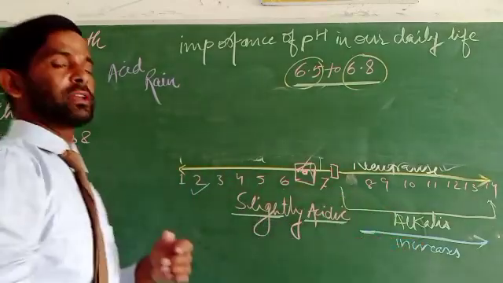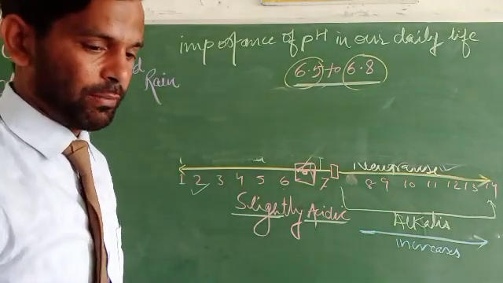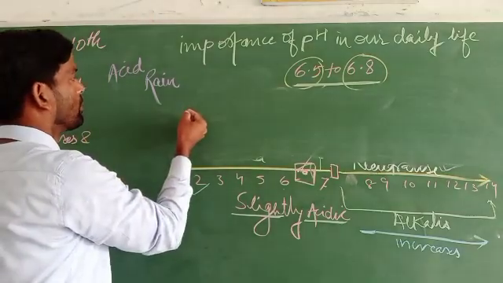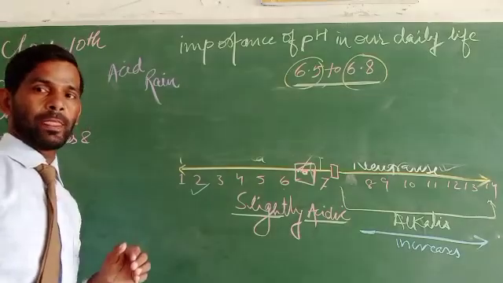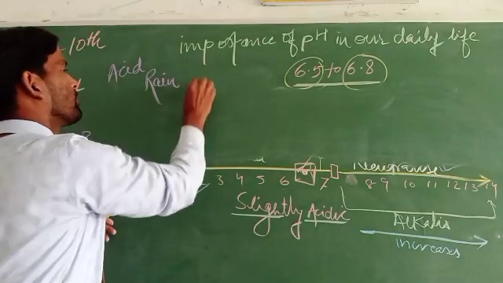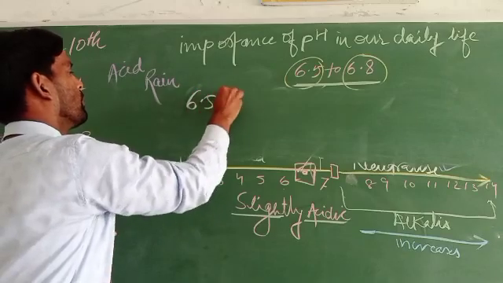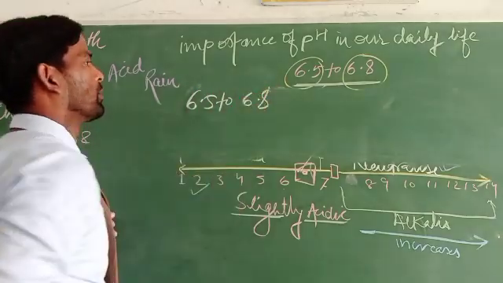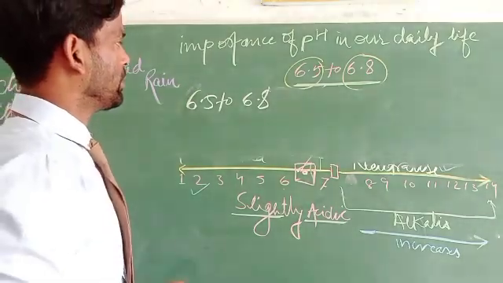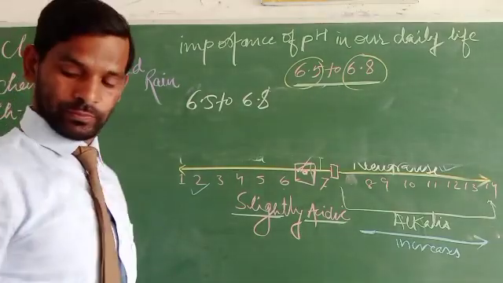Acid rain has a range of about 7, actually there will be a change in it.